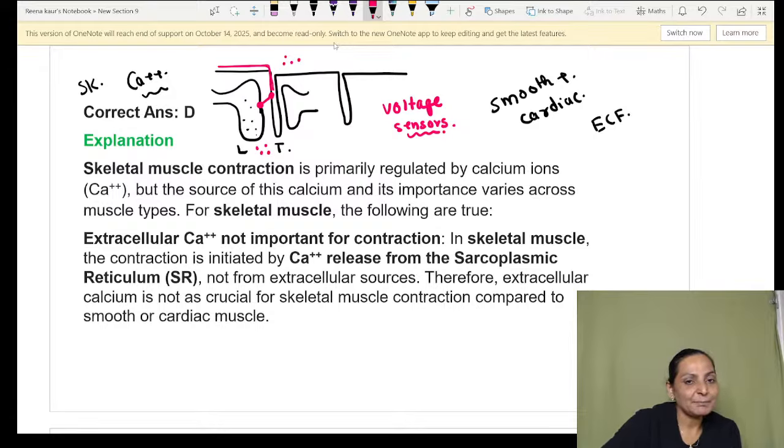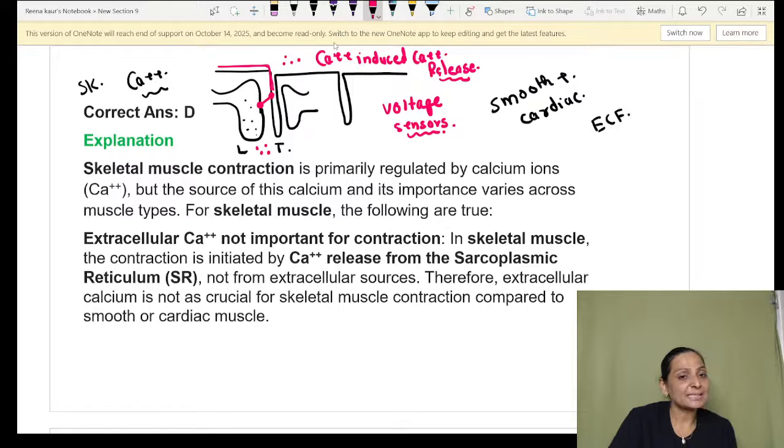So in cardiac muscle, it is called calcium induced calcium release. But in skeletal muscle, these DHP receptors are pure voltage sensors. They do not release any calcium. So this is the basic difference between skeletal muscle and cardiac muscle.